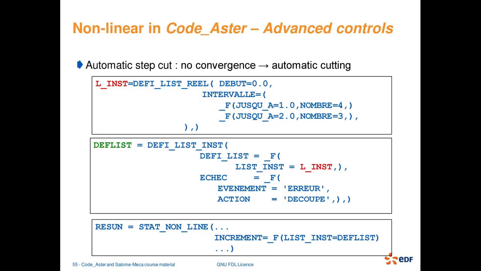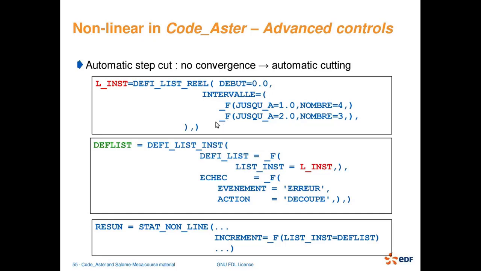One way is, if I do not achieve convergence after some number of iterations, then I can ask the system to automatically reduce the time step. So time step cutting, that is called automatic cutting of the time step. So here we have given a time step to start the procedure.